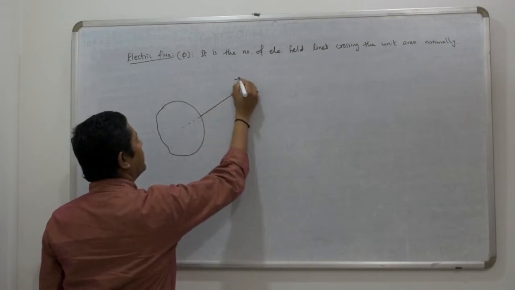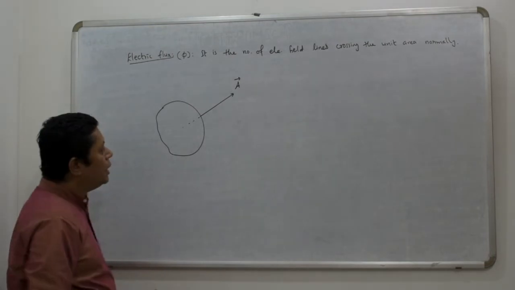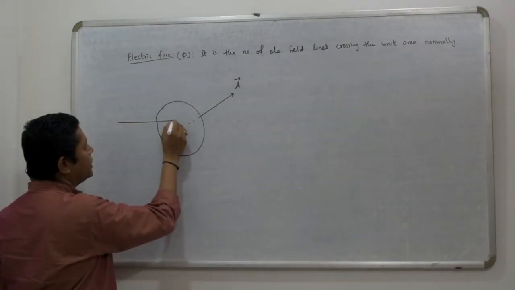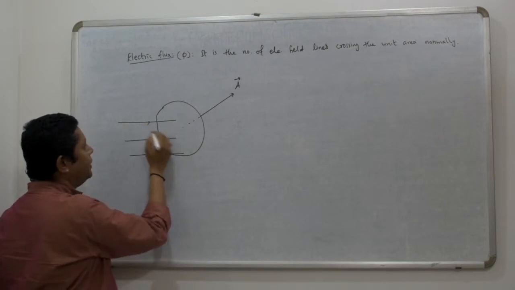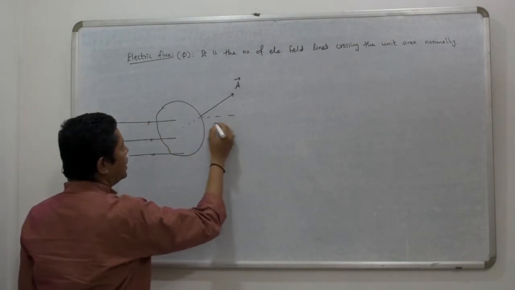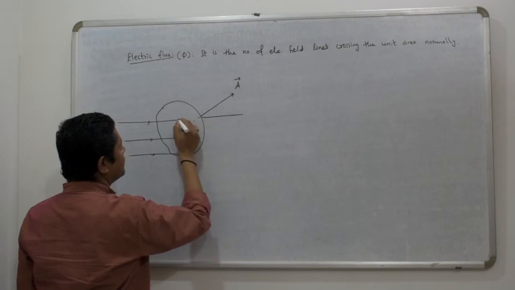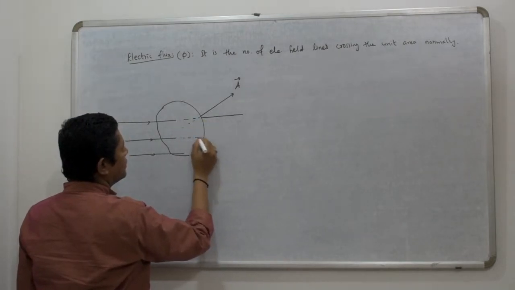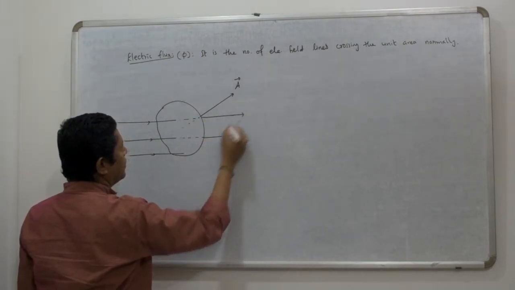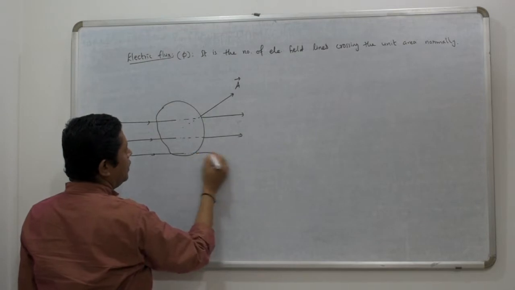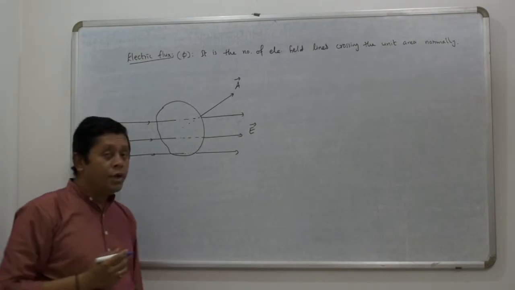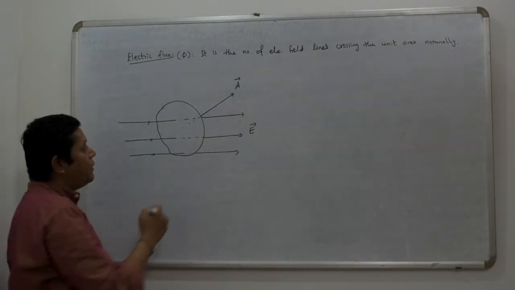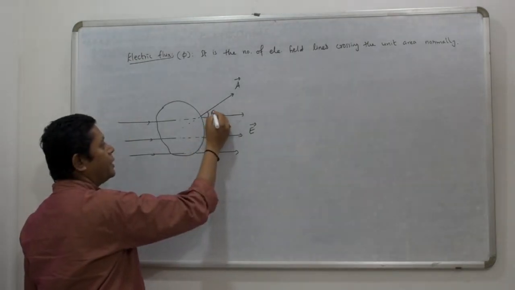Let this be the area vector A. If the electric field lines are crossing this surface, let's say this is the direction of the electric field. This is the way field lines are crossing this surface. You can see the angle between the area vector and the electric field is theta.